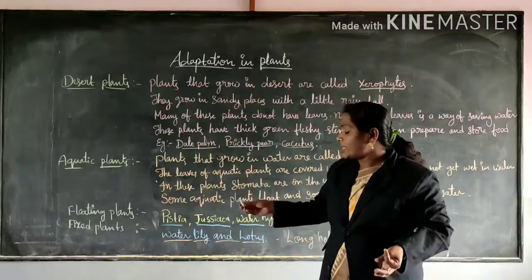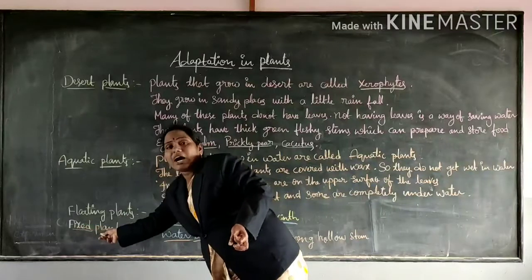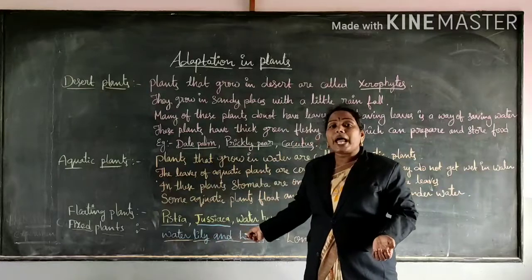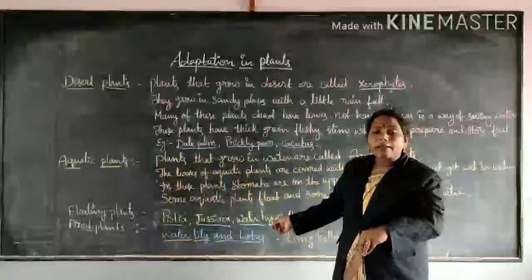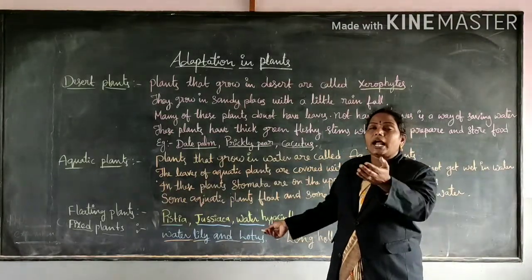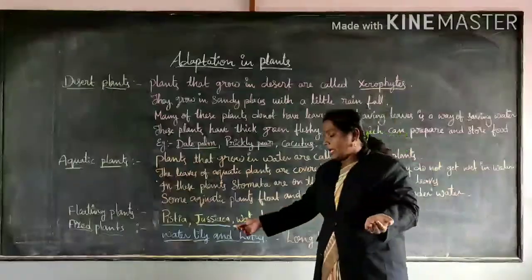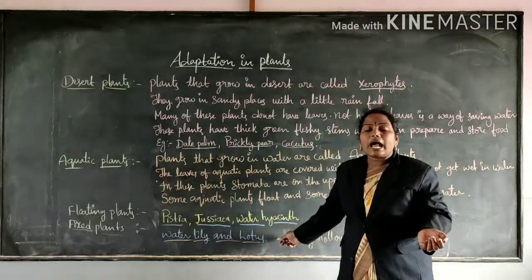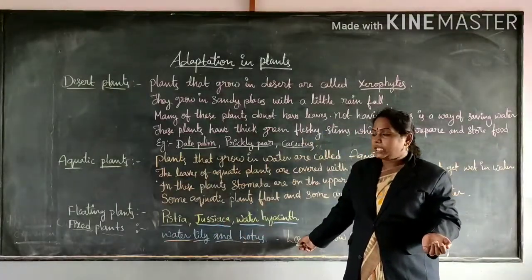The roots are fixed in the water body bed. That's why these plants are called fixed plants. Example, water lily and the lotus.